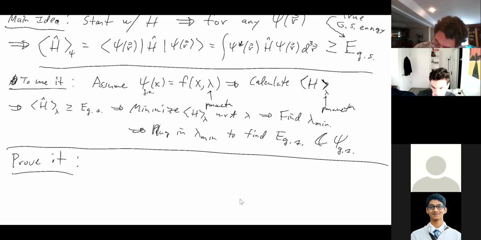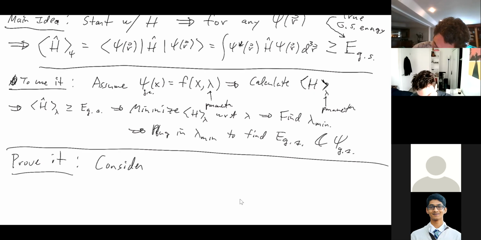So let's consider a system that's described by some Hamiltonian, okay? And then we know that there must be some eigenstates that exist.